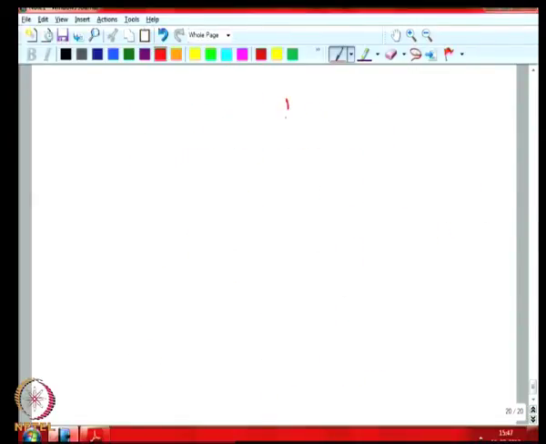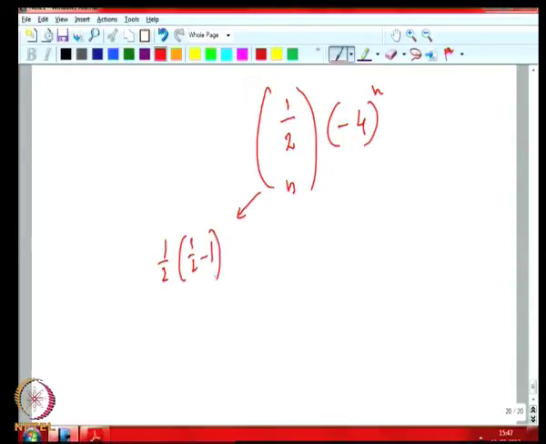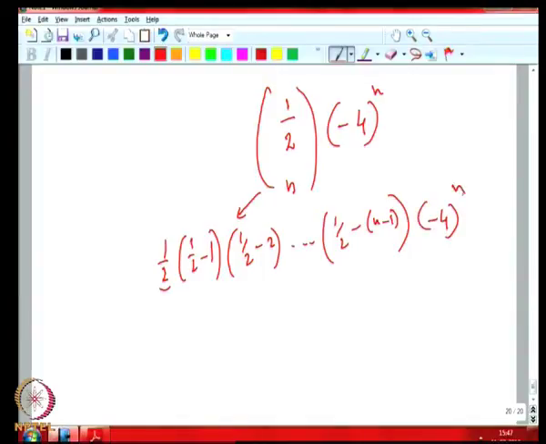That will be half choose n into minus 4 raised to n, which is half into half minus 1 into half minus 2 up to half minus n minus 1. Because you started with 1, the first term is there and there are n minus 1 more terms, and we have a minus 4 raised to n here, divided by n factorial as usual.